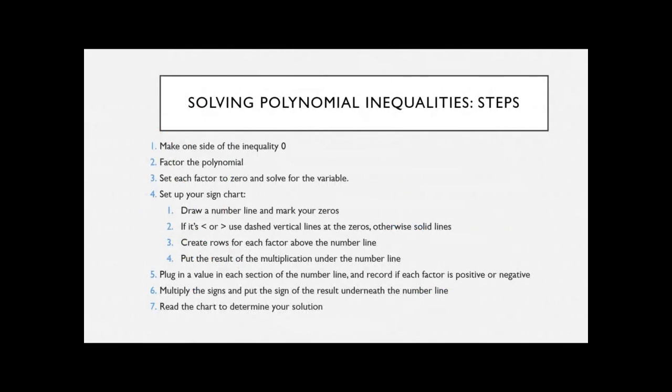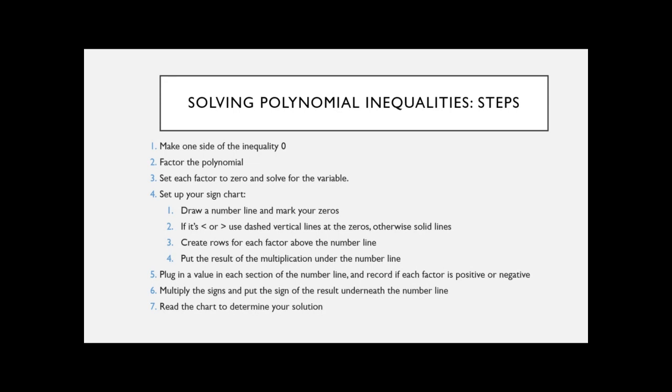So the process for actually solving these, when you have an actual equation, has several steps. First, you always have to have one side equal 0. It's the same thing as when we're finding zeros, or if you're trying to solve a quadratic, you always have one side equal to 0. Otherwise, it doesn't work. So you do that, and then you factor. These are the same steps that we've been doing with finding zeros.